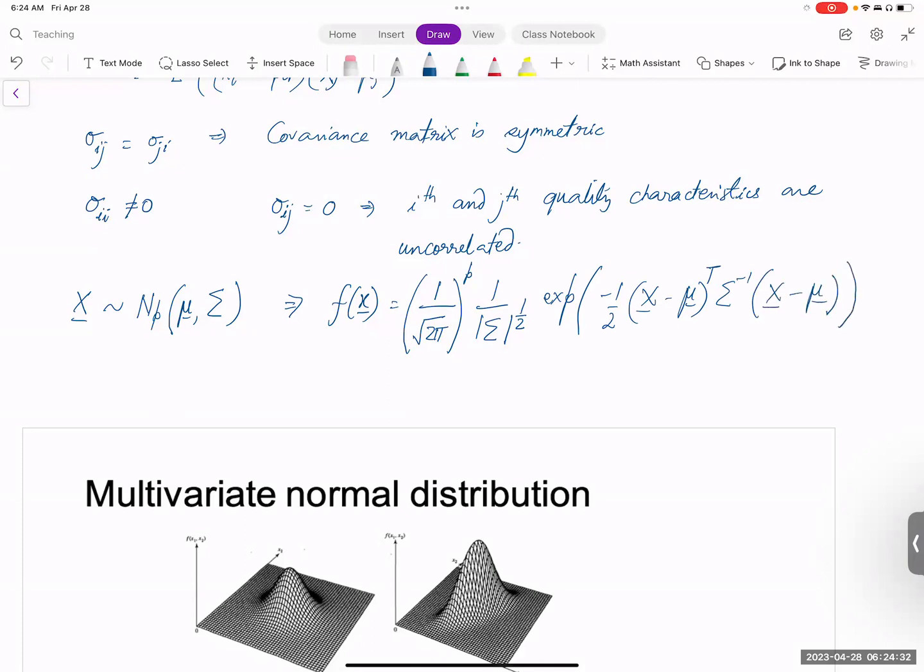And that gives you the PDF. This thing right here is the determinant.